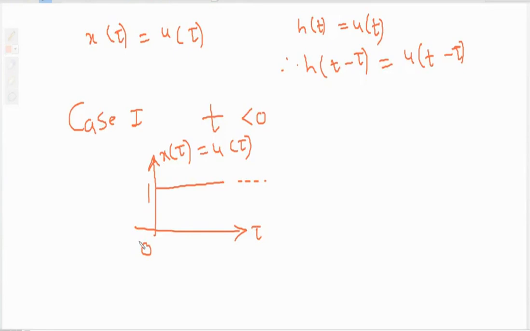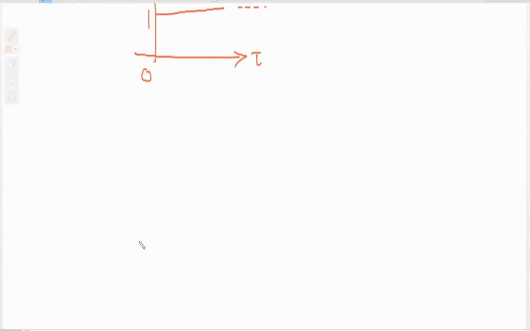Now h of t minus tau. I want to sketch h of t minus tau, and h of t minus tau is u of t minus tau. After replacing t with t minus tau, I got u of t minus tau. Now what is my case? Before that I have covered some basics, right?